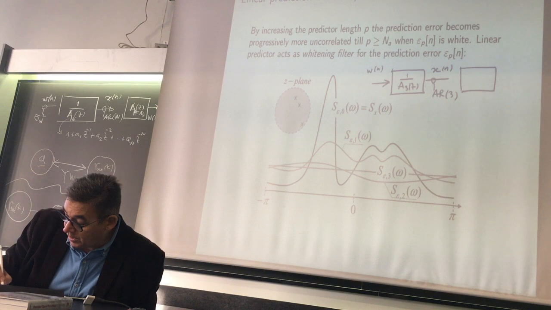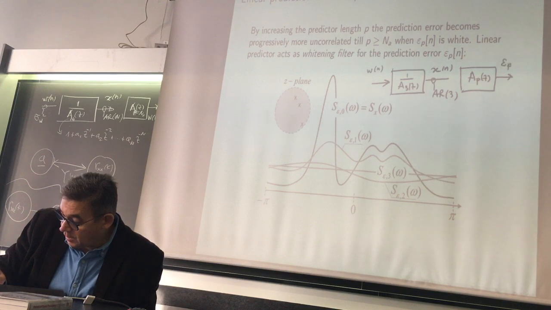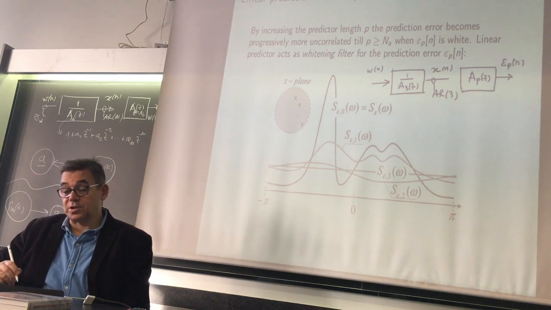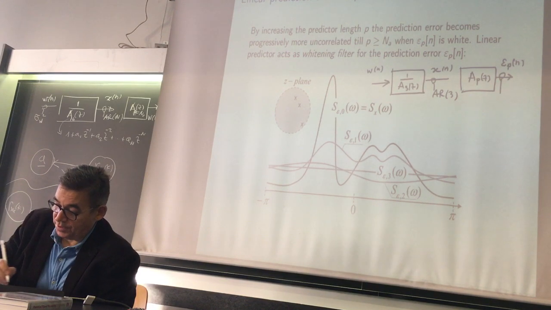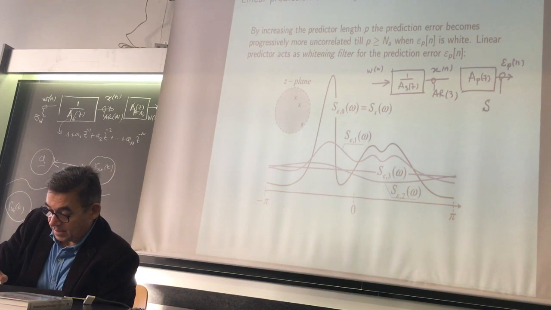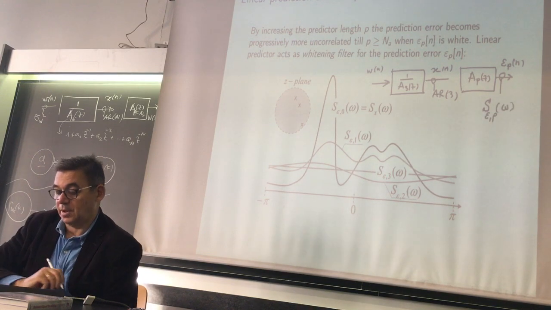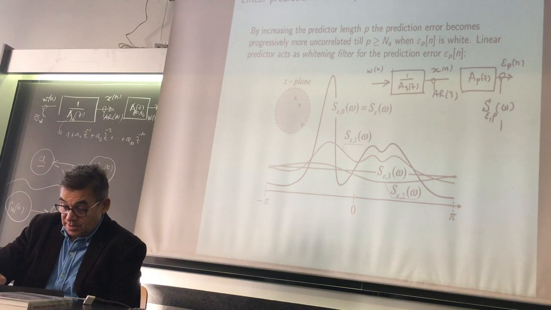And here I put a linear predictor, and here I get the prediction error. Now I can also compute out of that the power spectral density of the error for arbitrary P, which is simple.